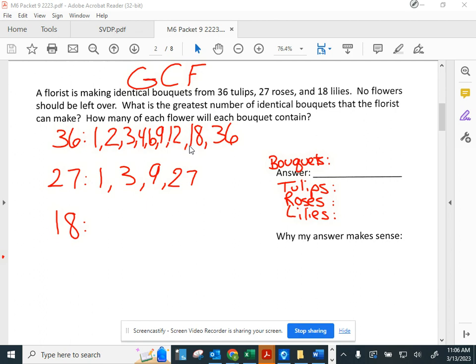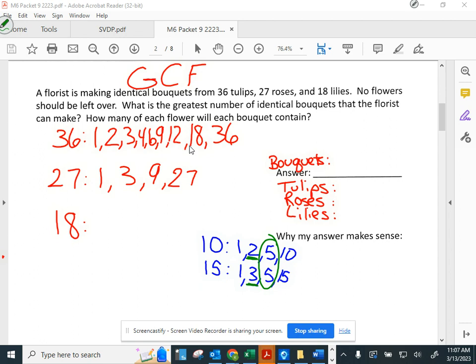So if I had 10 and 15, if those are my 2 numbers that I'm sharing, my factors of 10, my factors of 15. I would find the biggest number that they share, and then its factor buddy would be the flowers.